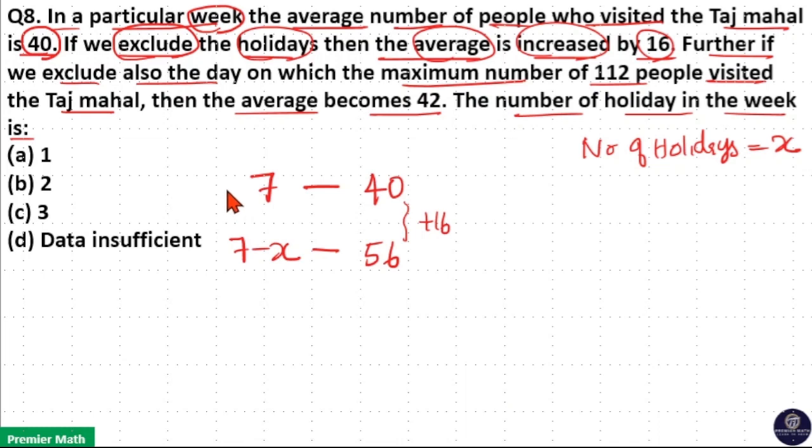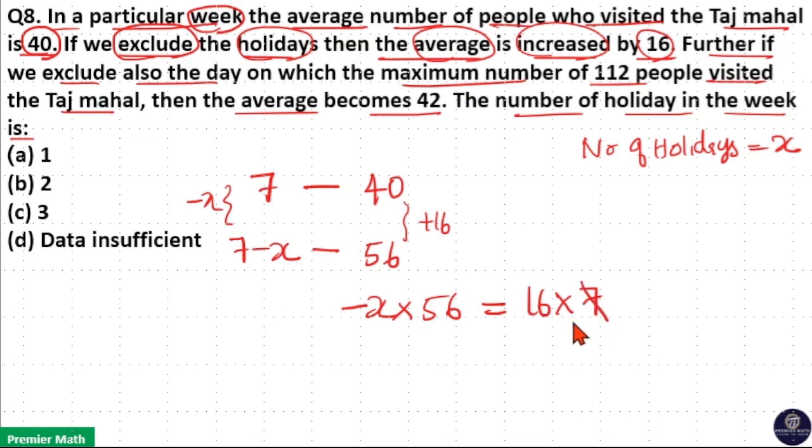Now you can see the left hand side difference is minus x, and the right hand side difference is 16. Now multiply the left hand side difference, minus x, with the right hand side bottom number, that is 56, which is equal to the right hand side difference, 16, multiplied with the left hand side top number, 7.